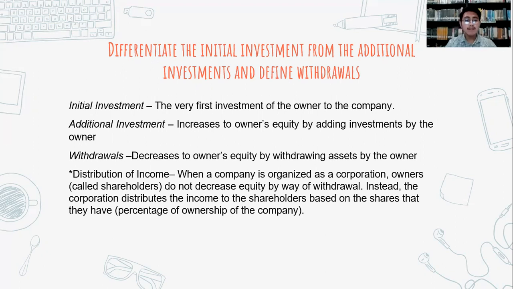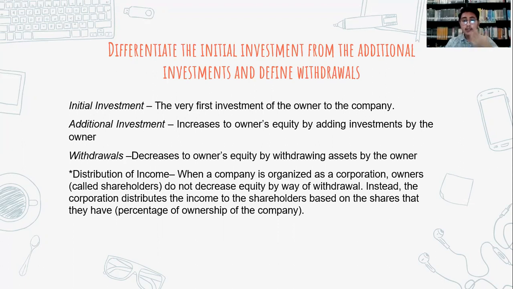So next, we have the distribution of income. So when a company is organized as a corporation, owners called shareholders do not decrease the equity by way of withdrawal. Instead, the corporation distributes the income to the shareholders based on the shares that they have or the percentage of the ownership of the company.